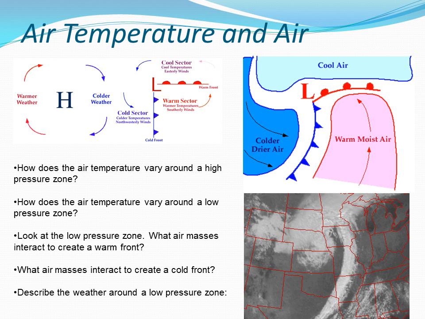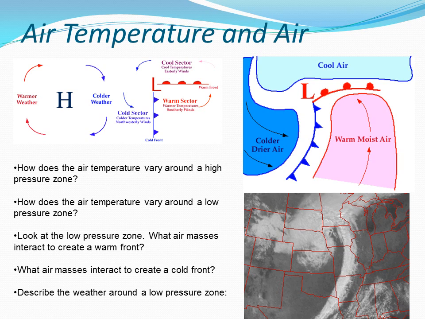Describe the weather around a low pressure zone. So when we have a low pressure zone, we know we have warm, moist air rising, and it cools and condenses in the upper atmosphere, and so we get clouds, we get rain, and we get different types of weather, whether it's a warm front or a cold front.